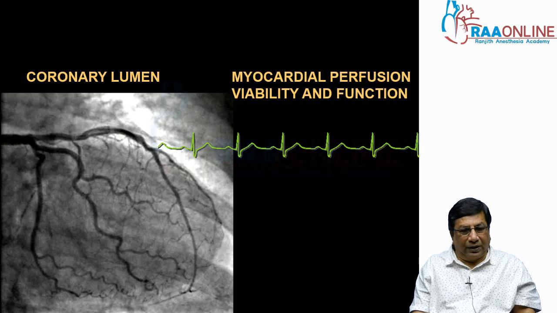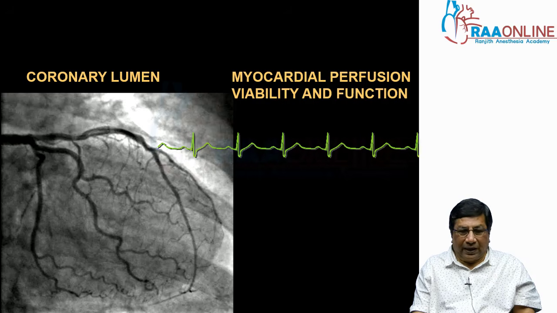Coronary angiogram tells you that the river is normal, but ECG tells you whether the plant is getting water or not. That is, the myocardial cell, be it a big artery, small artery, or a capillary or arteriole, wherever the block is, if the cell is not getting the blood supply, ECG will show abnormality.